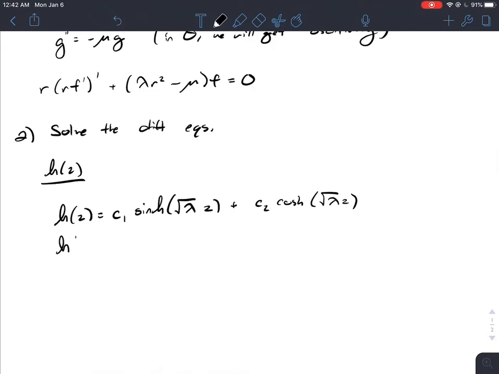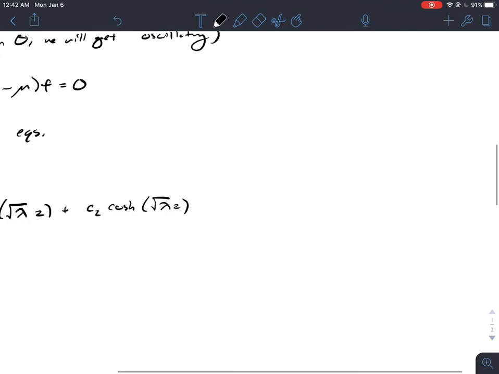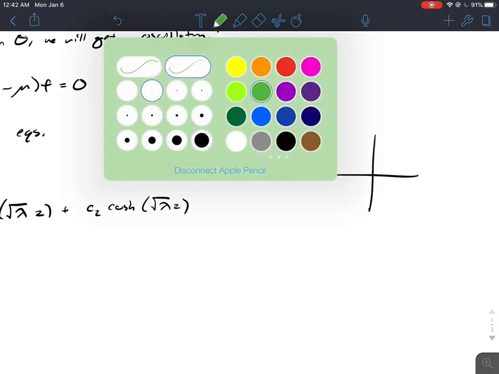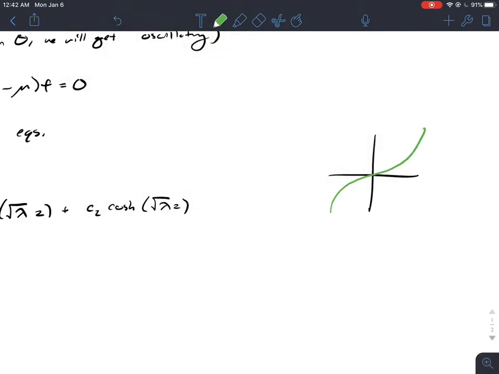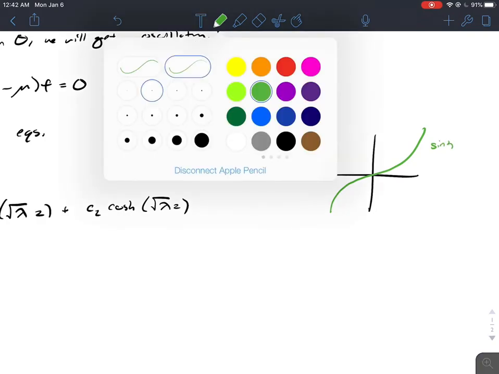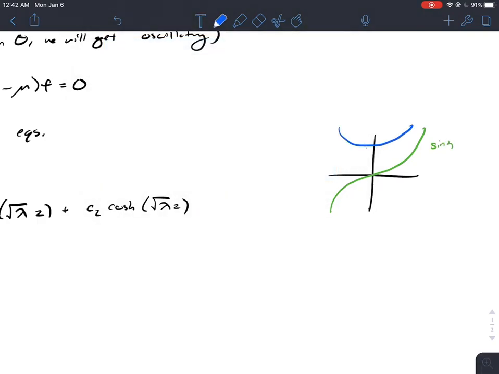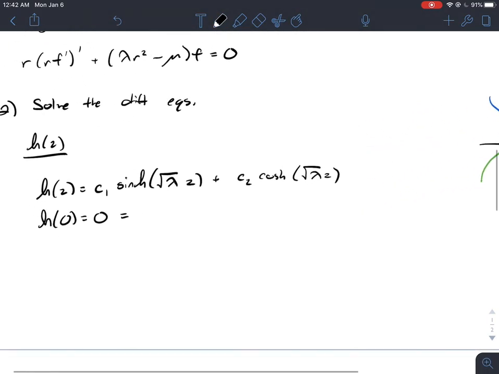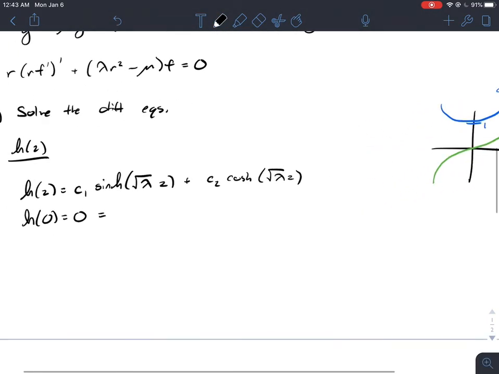We're given a boundary condition that at 0 we're equal to 0. Remember the graph of sinh and cosh. I'll draw it real quick over here. Sinh looks like this, and cosh looks like this at 1. So remember that sinh at 0 is equal to 0 and cosh at 0 is equal to 1. So therefore c2 must be equal to 0.